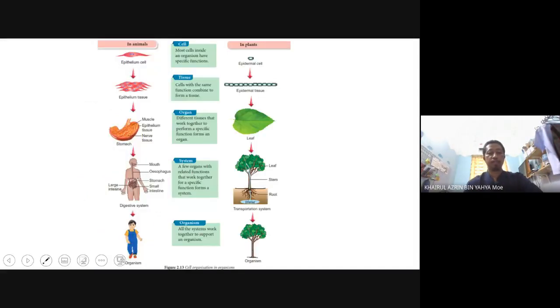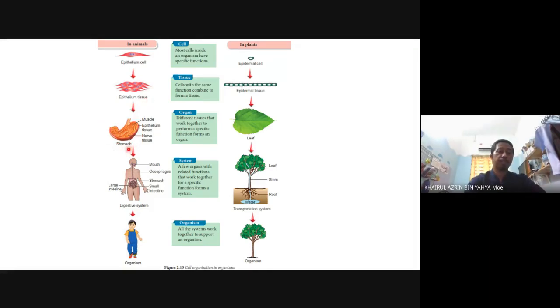Okay, figure 2.13 is this one. This is figure 2.13, cell organization in organism. So we separate into two parts, animals and also plants. In animals, like this, we have epithelium cell. This is an example. So many epithelium cell become epithelium tissue. So many epithelium tissue combine become stomach, perut, perut.